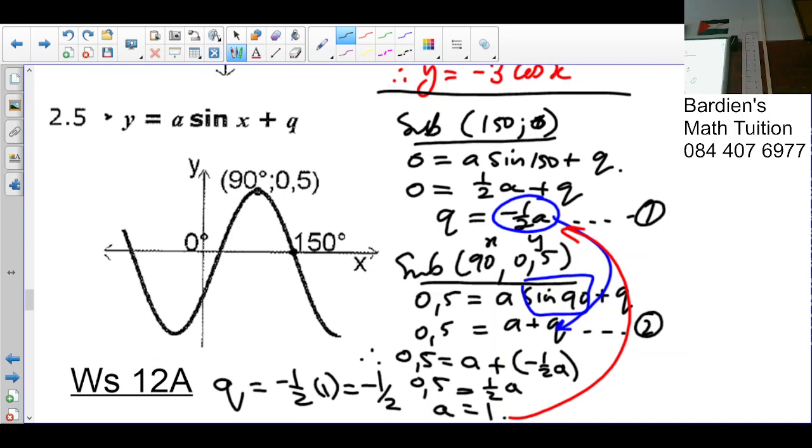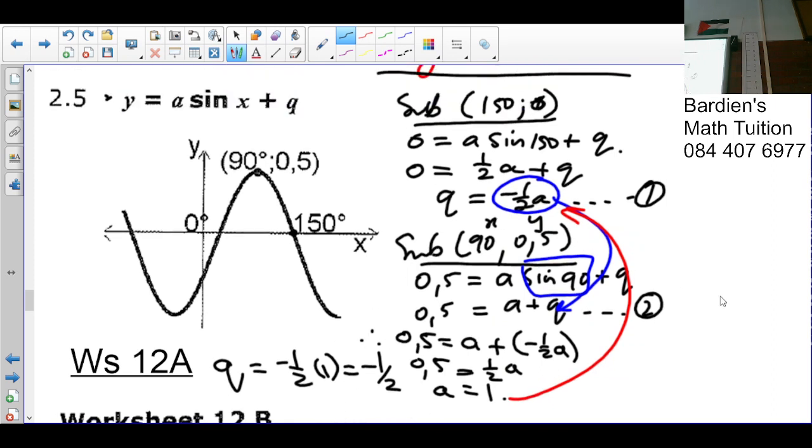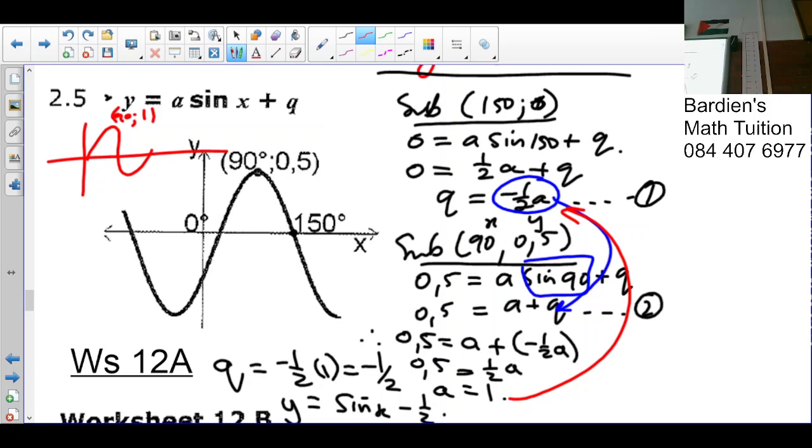So the equation of this graph is y is equal to a sine x, with a equal to 1, so it's going to be sine x minus a half. If I just draw that graph, that is what your sine graph looks like. That is 90 and 1, and this is 180.